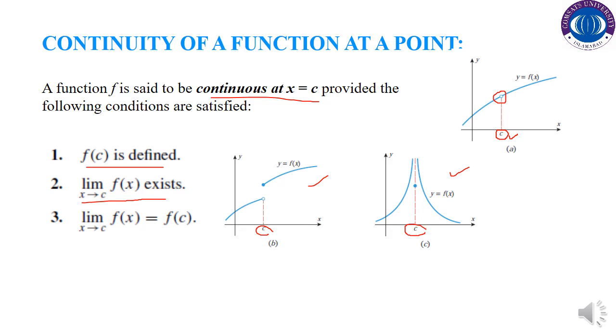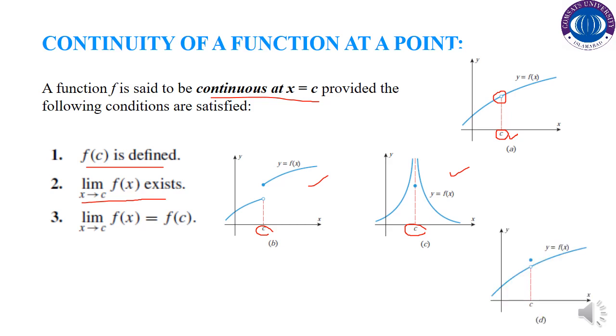Okay, so for the continuity at any point c, the limit of the function at that point must exist. The third condition is: the limit as x approaches c of f of x is equal to f of c. This means the limit of the function at point c must be equal to the value of the function at point c.